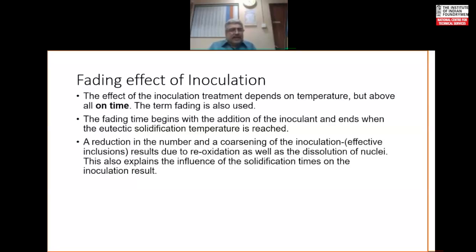After adding the nucleating material, there could be agglomeration happening, thereby the number of nuclei can become less, or reoxidation can happen, or some nuclei may get dissolved, and so there would be a reduction in the number of nuclei all the time. Here I am not going to talk about the critical radius for a nucleus to be stable. That is part of the solidification process itself.